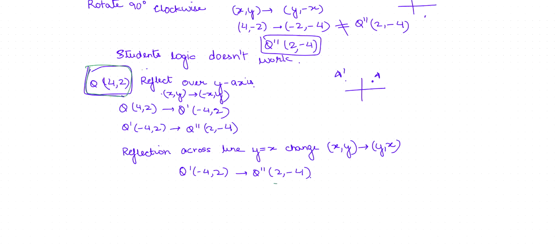First, we can reflect over the y-axis, which would give us (-4, 2). And then that point could be reflected over y = x, which would give (2, -4).